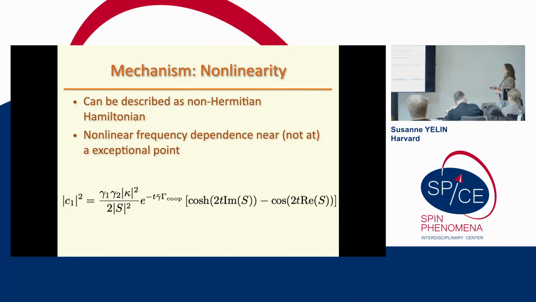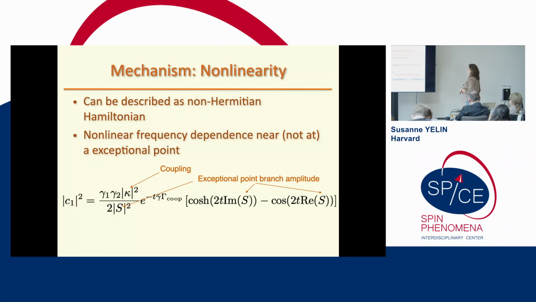So I just show you how the amplitude looks, just to show you the type of nonlinearity. This is all analytically done, but there is kappa, the coupling between the impurities and the array, and S is the exceptional point branch amplitude, and as you can see, this is very nonlinear.